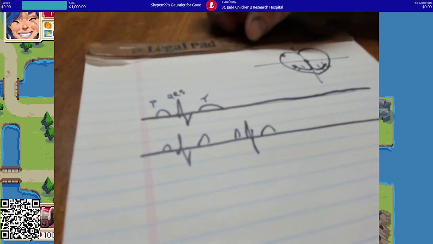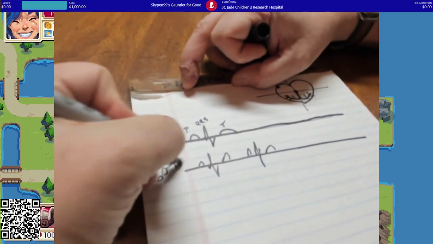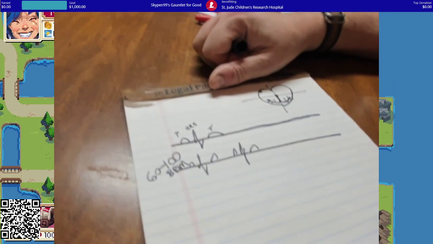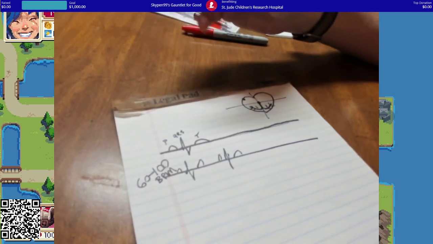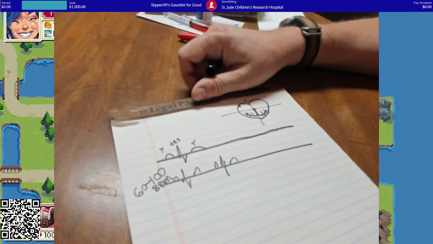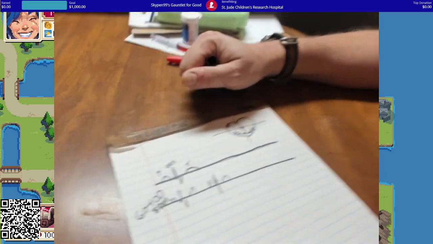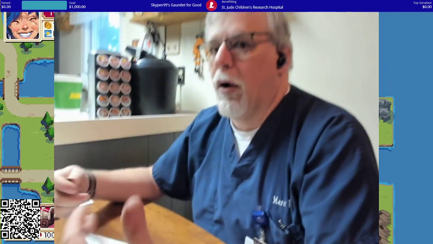So if it is between 60 and 100 beats per minute, that is sinus rhythm. That is a normal sinus rhythm. If it's faster than 100, we call it sinus tach. Sinus tach is tachycardia.